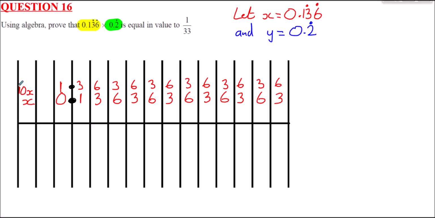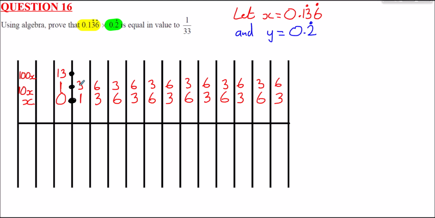So take 10x times by 10 again to get 100x. Make sure the decimal is still in line. So we take this and times by 10 again. Do it on your calculator if you want to. This 10x, 1.3636, times by 10, the decimal moves to the right one, so 1.3 becomes 13.